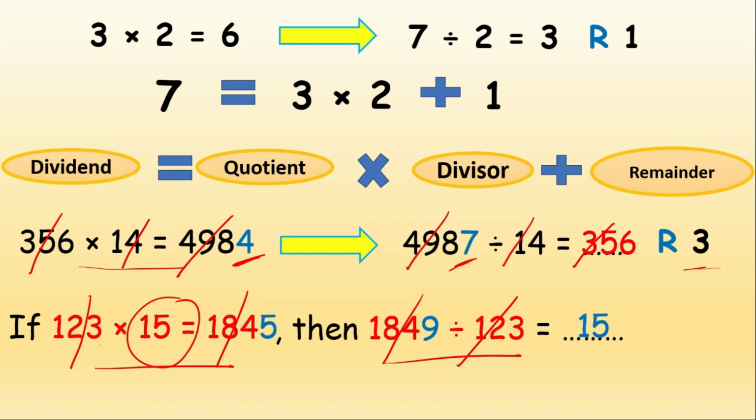But take care, here we have a remainder. Ones is 9 and ones is 5. Subtract 9 minus 5 equals 4. 4 is the remainder. Okay, we must subtract between the dividend and the product so we can get the remainder.